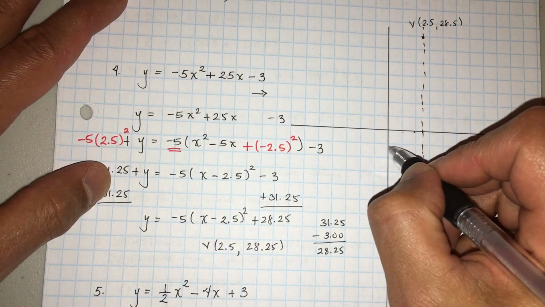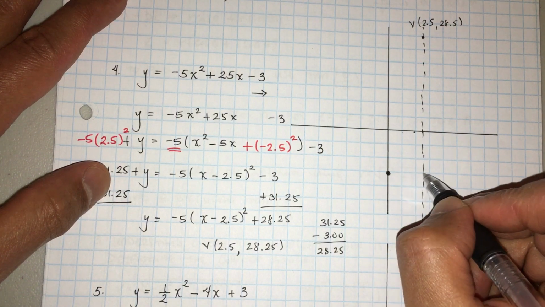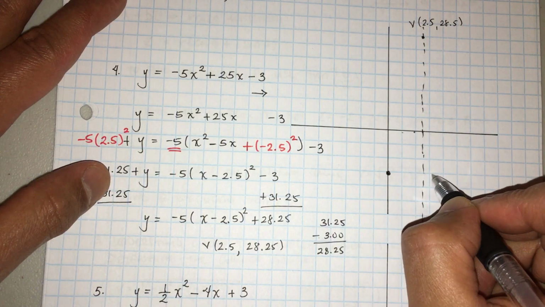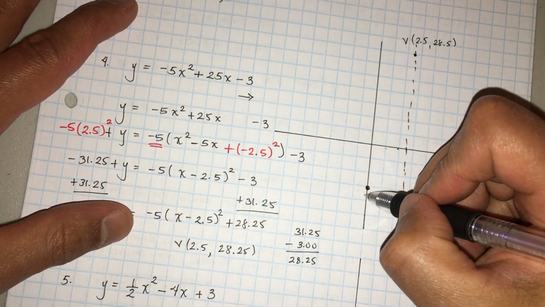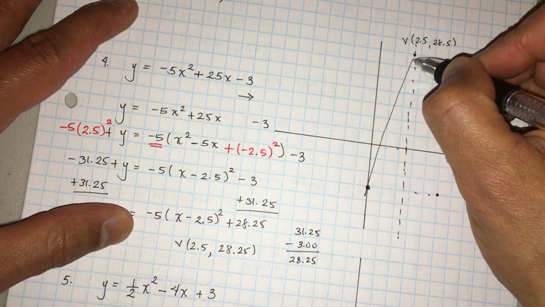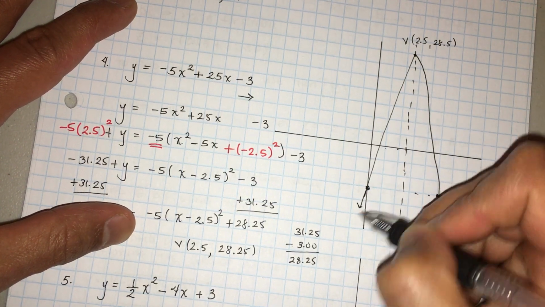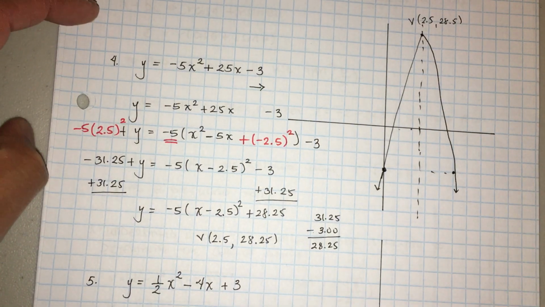So 1, 2, negative 3 is right here. So 2.5 to the left, 2.5 to the right. There it is. And this one's really steep. That makes sense because you notice this has a 5. The greater this number is, the greater the steepness, the thinner it is.